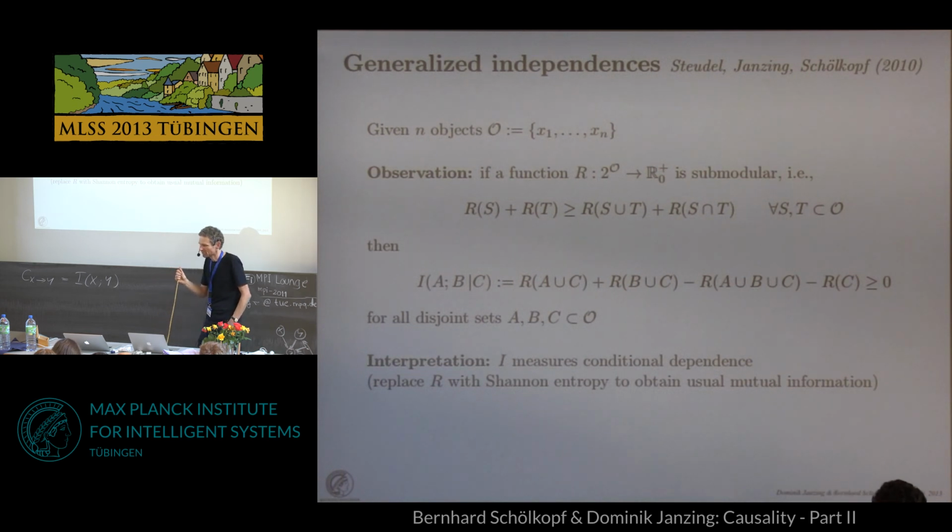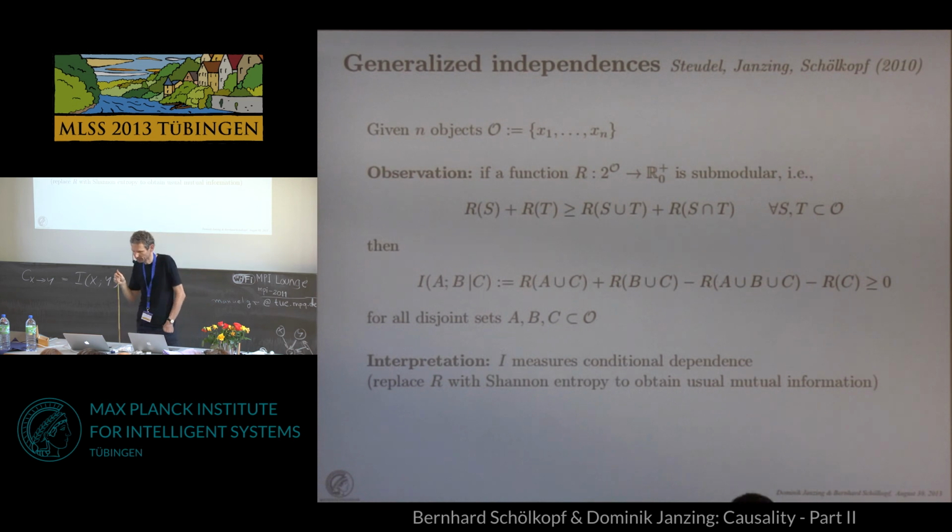And we have argued that it can show a causal relation provided that our causal mechanisms are restricted to a certain class of mechanisms. And we try to invent a kind of graphical model framework for general notions of information measures.